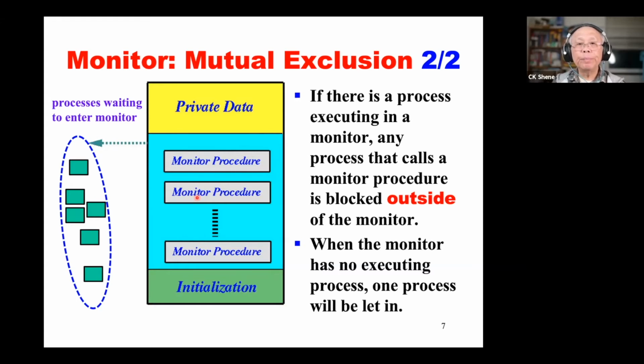By the same reason, when the only executing thread or process in the monitor exits, the monitor becomes empty. The monitor mechanism will find a waiting process or a waiting thread to enter. But what if there's no one waiting there? Well, the monitor is still empty until the next caller comes. So this explanation of the mutual exclusion of a monitor is exactly the same as the mutual exclusion for a critical section.